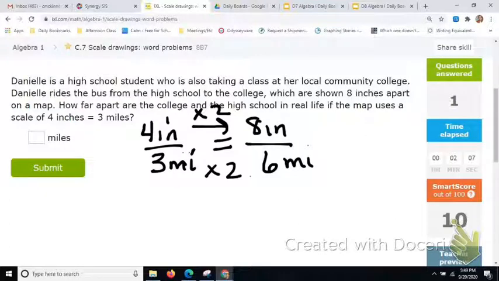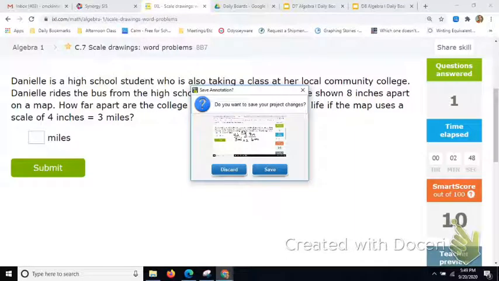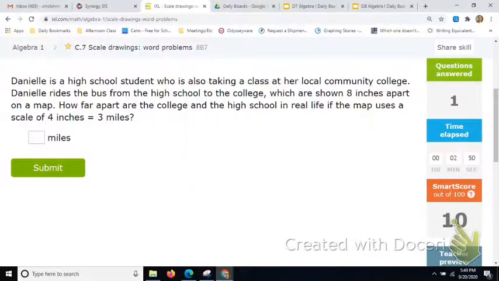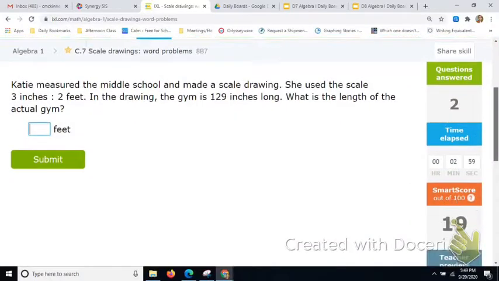Or if you cross multiply, you would have 24 is equal to 4x. 24 divided by 4 is also 6. So the numbers get a little bigger here, but still the same thing.